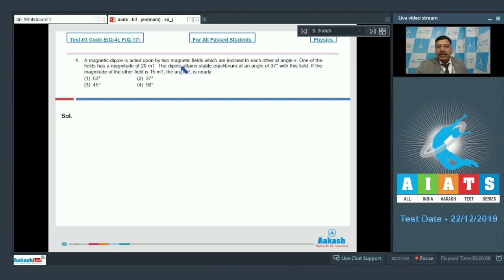So if I call the magnetic fields as vector B1 and B2 respectively, then I have the expression, and also let's assume that the magnetic dipole is vector M. Then we have M cross B1 plus M cross B2 is 0, and which further implies that M cross B1 plus B2 vector is 0.